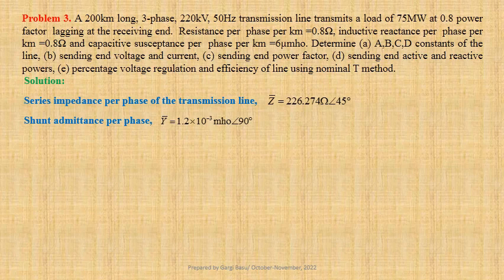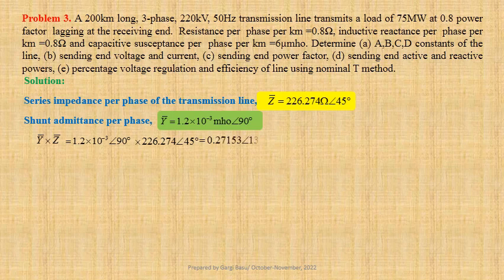Now we shall calculate Y into Z. Using values we get 1.2 into 10 to the power minus 3 at an angle 90 degree into 226.274 at an angle 45 degree. That gives us 0.27153 at an angle 135 degree.